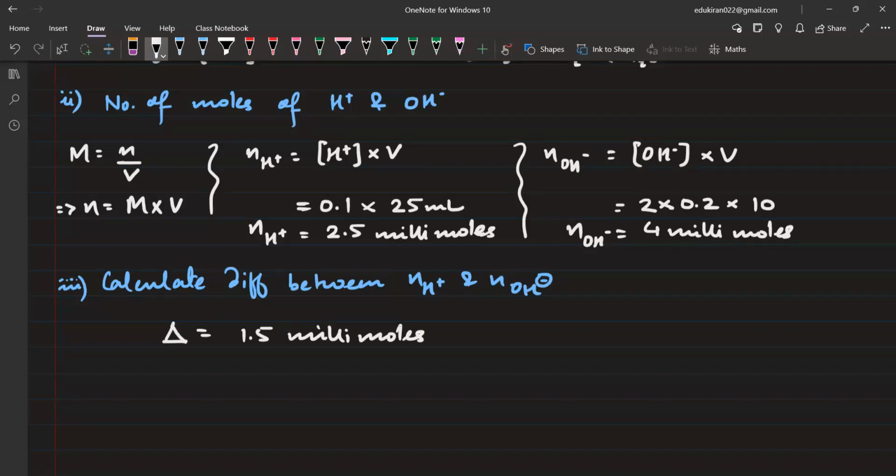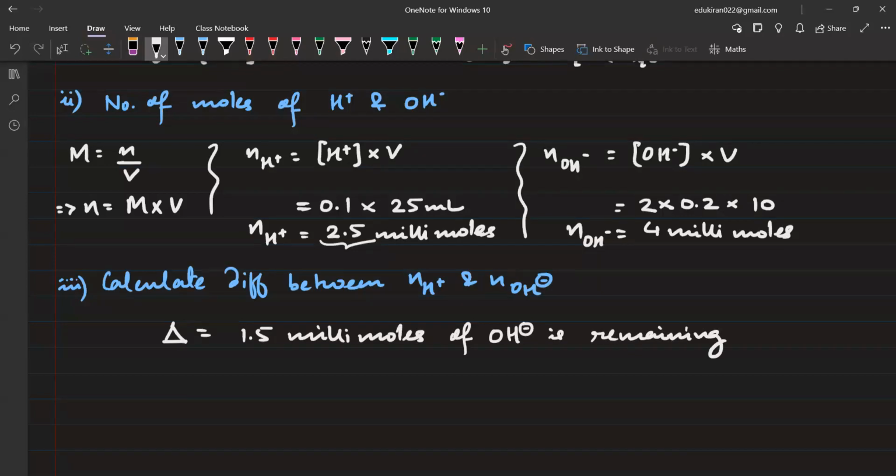Yes, sir. Please pay a little attention here. I have 2.5 millimoles of H positive and 4 millimoles of OH negative. When they combine, the complete 2.5 millimoles of H positive will combine with 2.5 millimoles of OH negative out of the 4. So 1.5 millimoles of OH negative will remain in the solution.